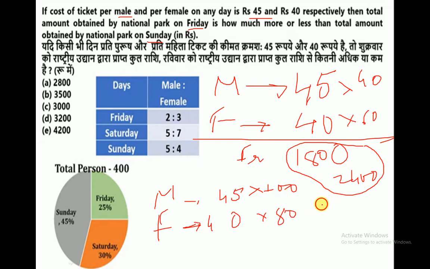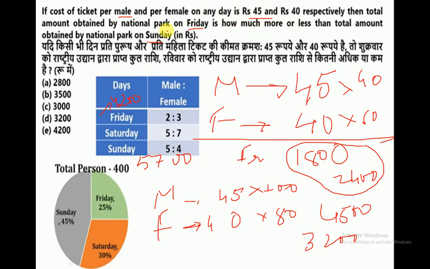This is 4500, and this is 3200. So the total on Friday is 4200, and the total on Sunday is 5700.